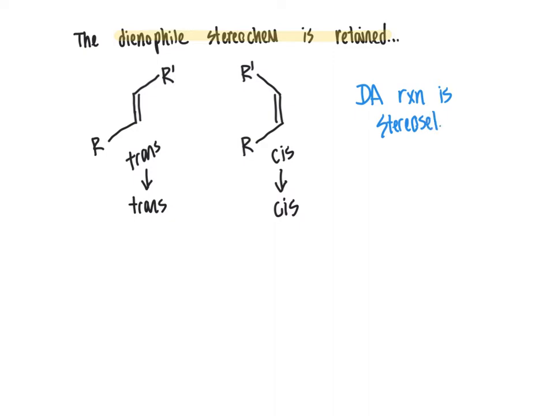In other words, when we go from the reactant here, specifically the dienophile, to the product, we have a specific preference for the configuration of the product. We're not randomly making a mixture of cis and trans products. Instead, trans starting materials will specifically lead to trans products. Cis dienophile starting materials will specifically lead to cis products. Both work perfectly well in the Diels Alder reaction, and in either case, the stereochemistry is going to be retained.